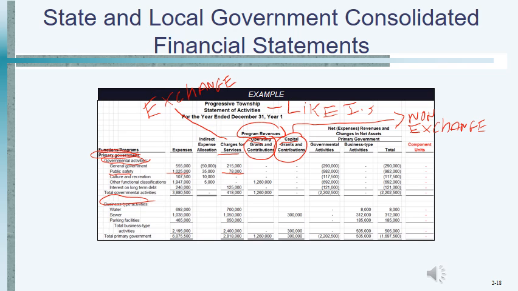For example, a government could apply for a program at the federal level. It's called the COPS program.